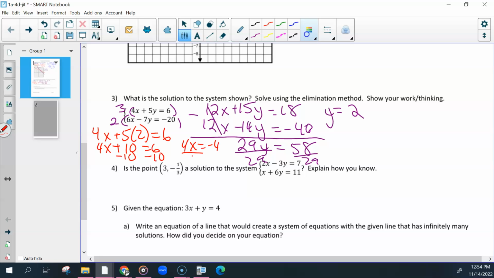So we end up with x equals -1. So -1, 2 would be our final answer. Do we have any questions on that one?